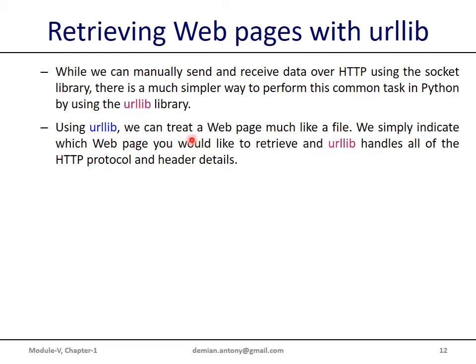Using urllib, we can treat a web page as a file, and we supply the web page that we want to access, and we retrieve the contents through urllib. urllib handles these headers, blank line, etc., and it gives us only the requested resource.